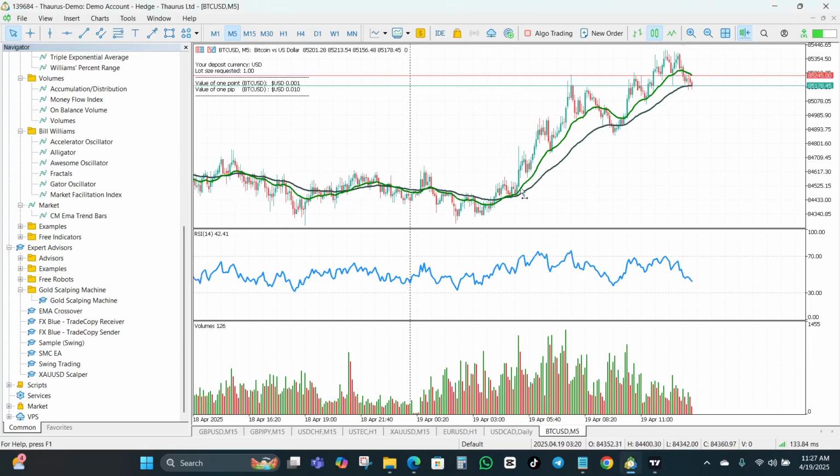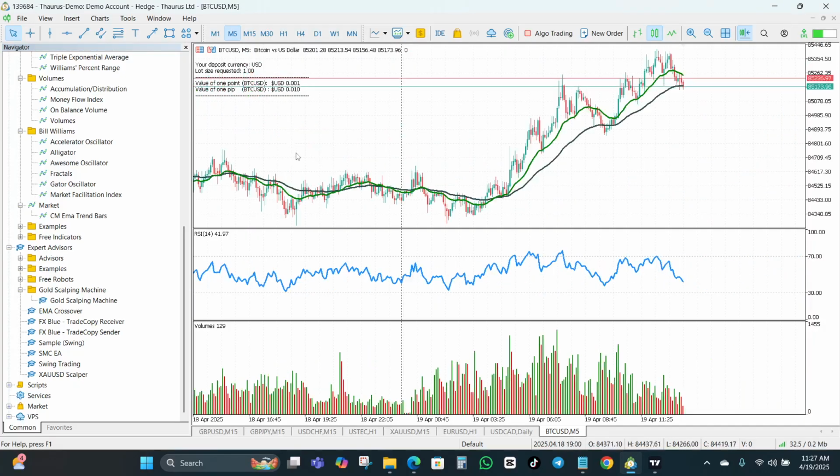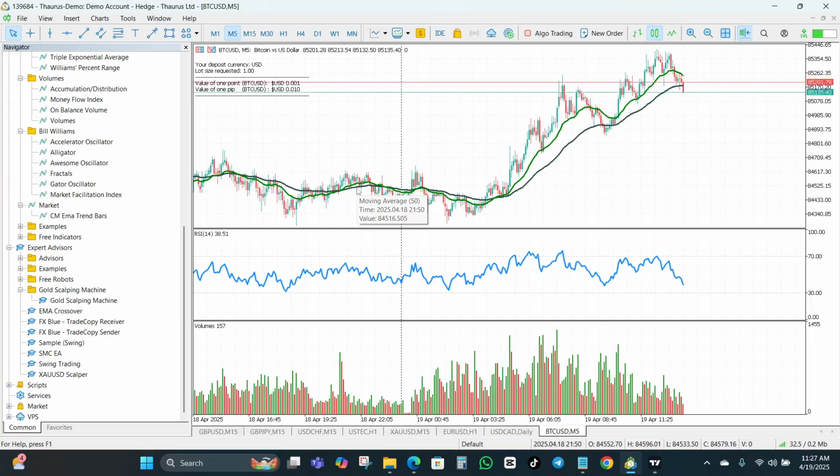If price is below the 50 and 20 EMAs, and of course the 20 EMA crosses below the 50, then in that case you'll be looking for sell opportunities. Keep it that simple. Don't trade against the trend. Scalping against momentum is a rookie mistake.